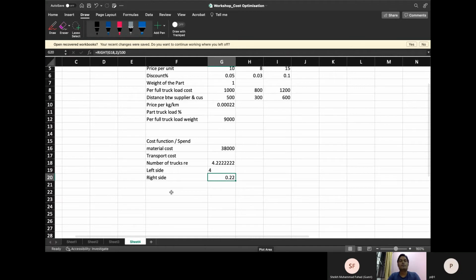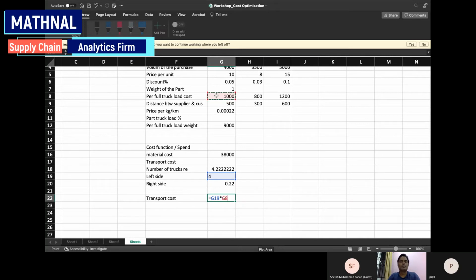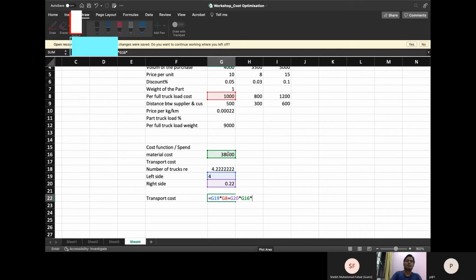Now we are going to calculate our truck transportation cost. That is the number of full trucks into per full truckload cost, plus 22% of 38,000 into the kilometer distance of 500 into the price per kilogram per kilometer.